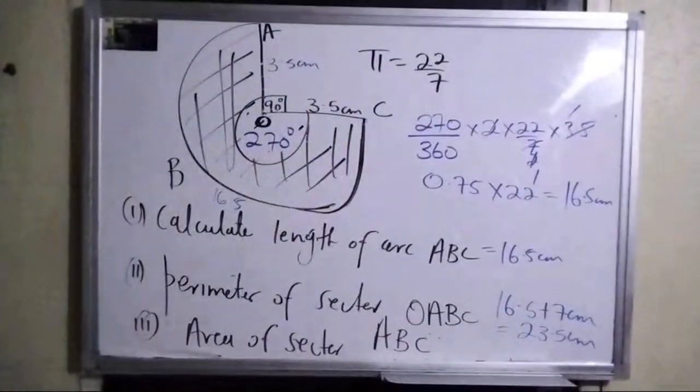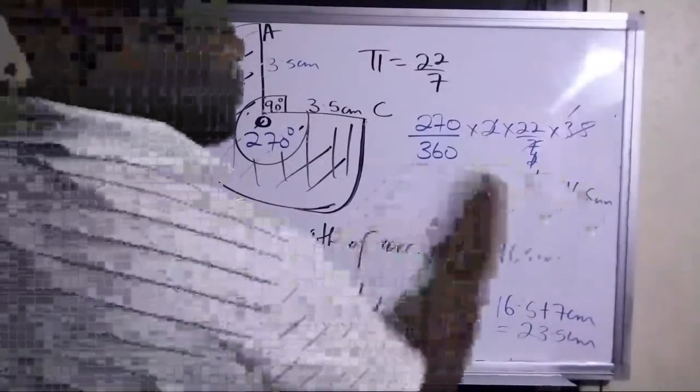And then they ask us now for the area of the sector ABC, right? As we talk about area, the first thing that comes to mind is pi r squared. So let us proceed to that.